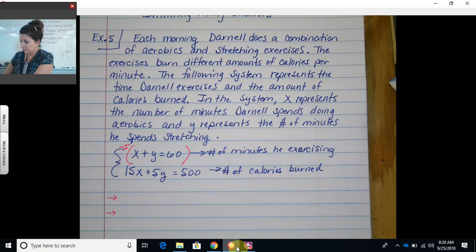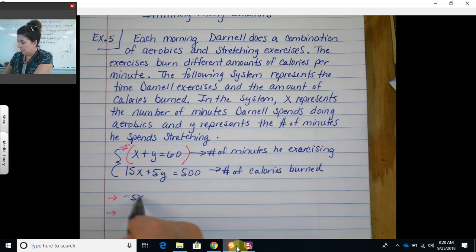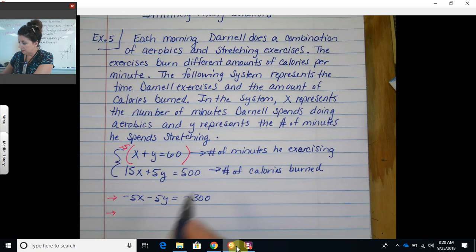So -5 times x is -5x. -5 times positive y is -5y. Don't forget your equal sign. And -5 times 60 is -300. The bottom equation, I don't have to change anything, so I will just rewrite it like it is, line it up under my new top equation.